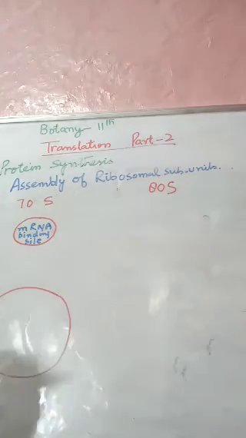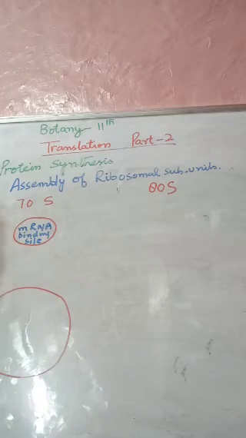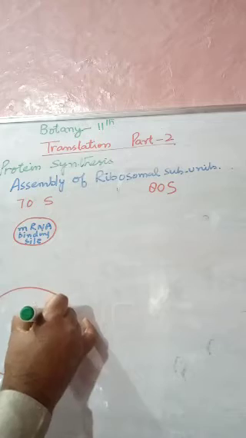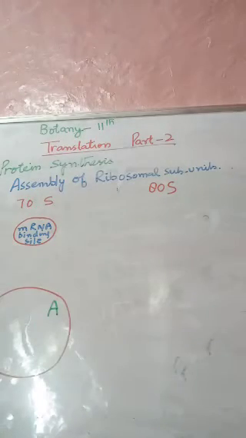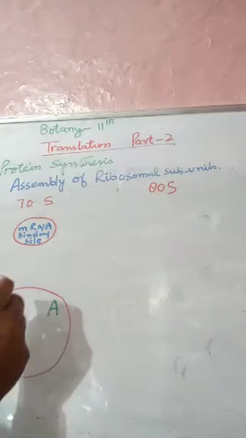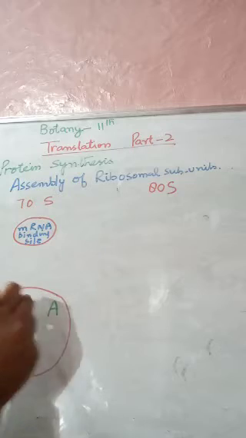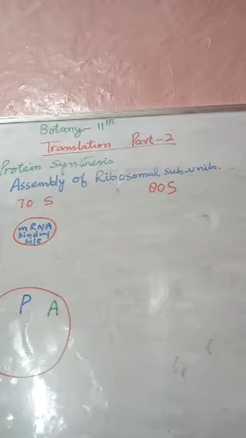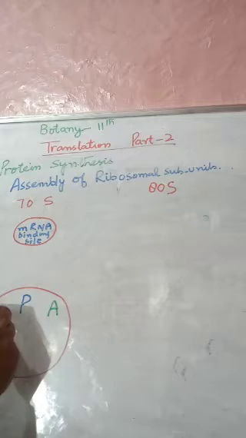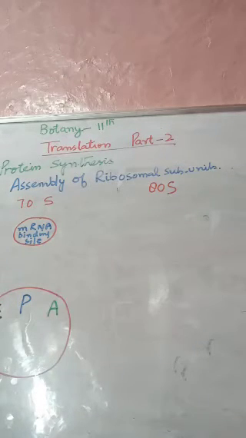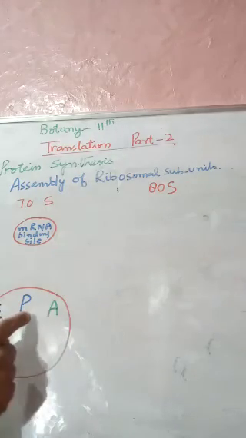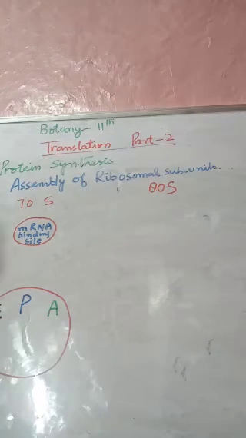These are called A, these are called P, and these are called E. These are the three binding sites. Now what does this A mean, what does this P mean, what does this E mean.